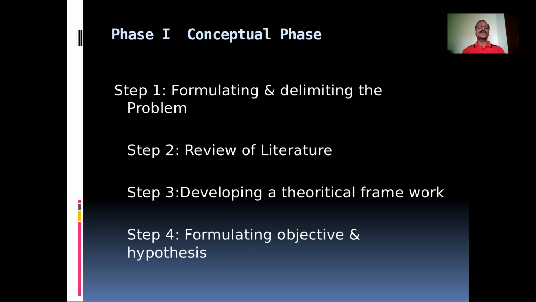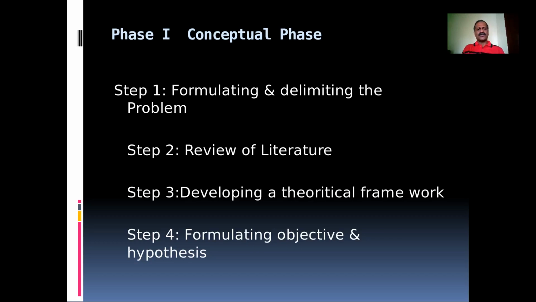Now step 2 is review of literature. The review of literature sometimes starts before formulating the problem because we get the research question by reading. And review of literature will continue throughout all the steps and will end only with the last step.